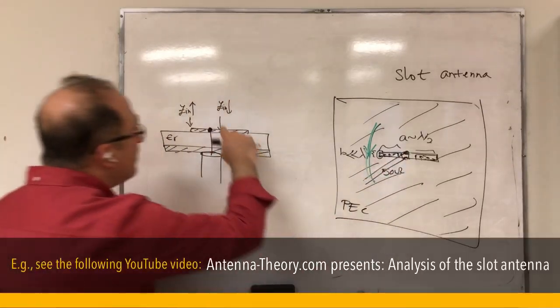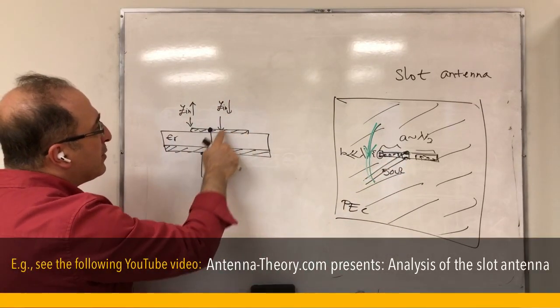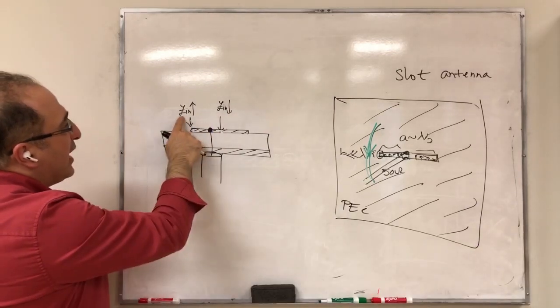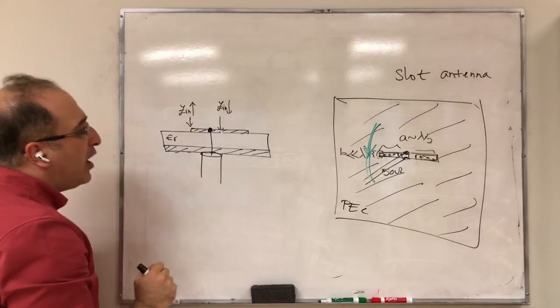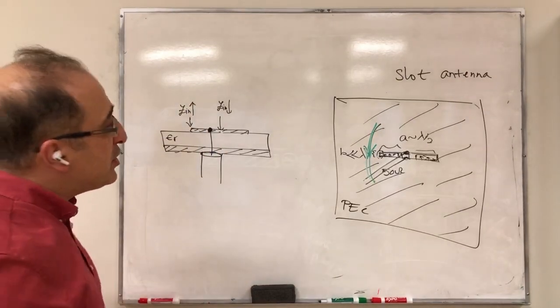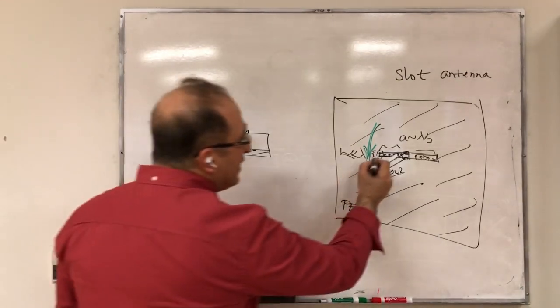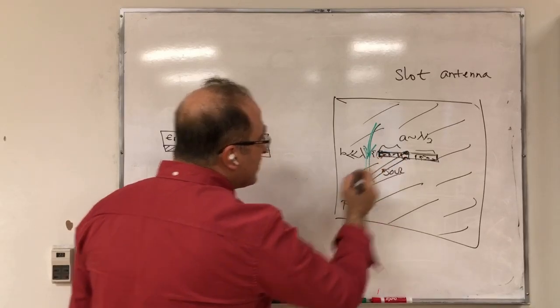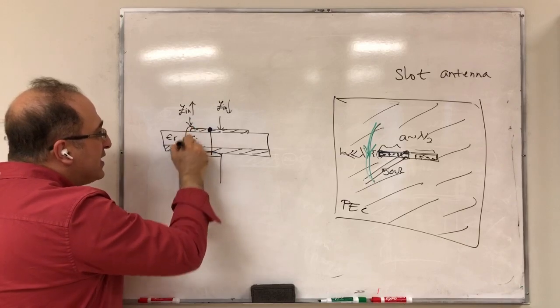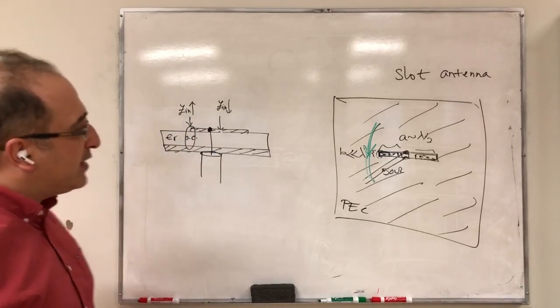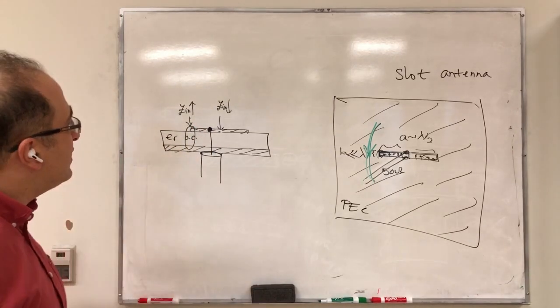Here at the center, it's very high. For the patch, it was very small at the center, and at the side it becomes very high. And maybe based on transmission line theory, you can connect it to the fact that here you have your short circuit, and at the patch edge, at this point, you have an open circuit. These two are not connected. So you may think of it this way.